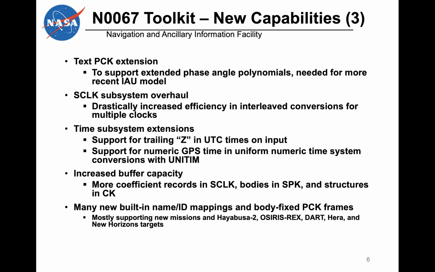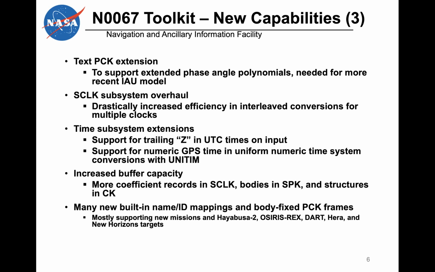Moving forward, we have extended the TextPCK subsystem to support extended phase angle polynomials. In fact, this was required to be able to release the generic PCK version 11 from the IAU report from 2015.